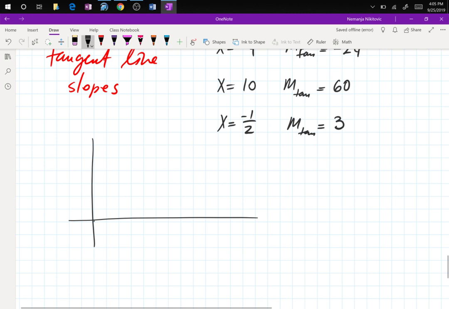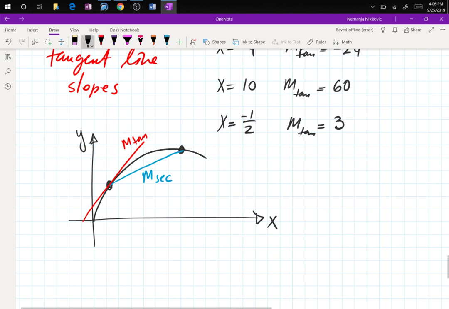I'll put the curve like this, and I'm going to pick 2 points, connect them with the blue line, which was our m secant. And then over here on this one, I'm going to draw the red line and put m tangent. And this is going to be our hope of understanding the insane importance of what we just had.